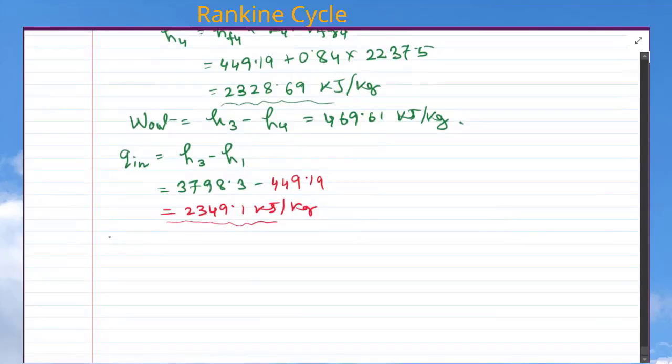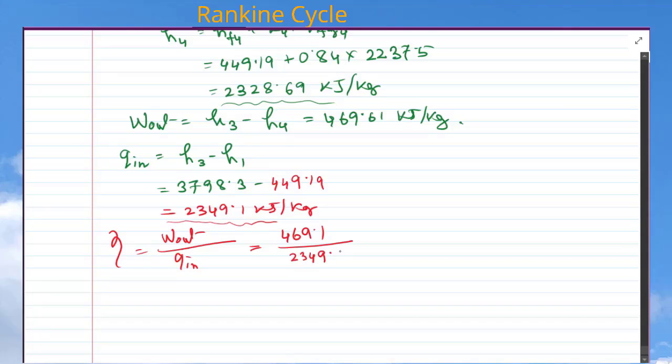Immediately we can find the Rankine efficiency, which is equal to W out divided by Q in. W out is equal to 469.61 divided by Q in, equal to 2349.1, I think, and that is equal to 0.199.